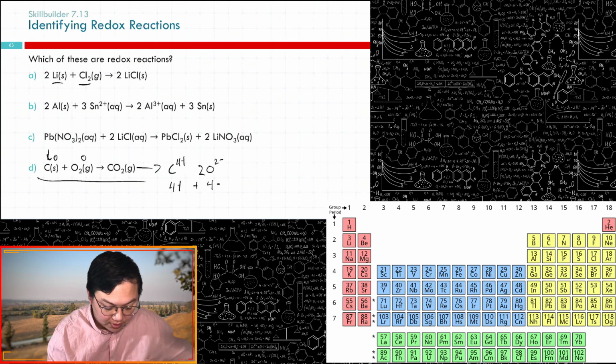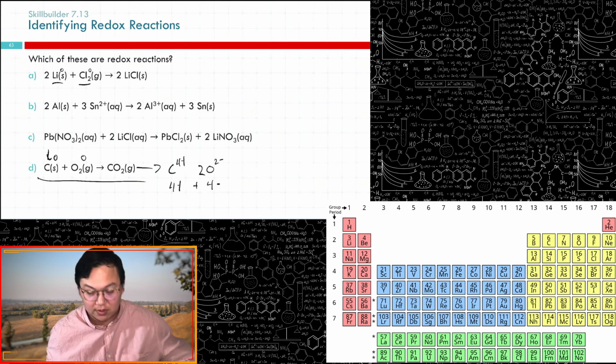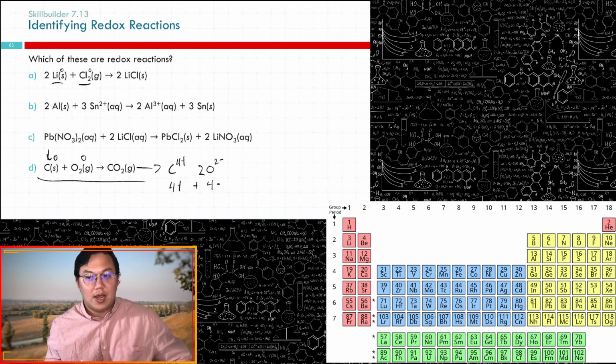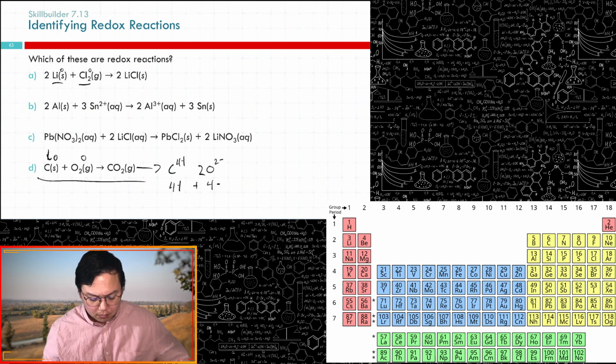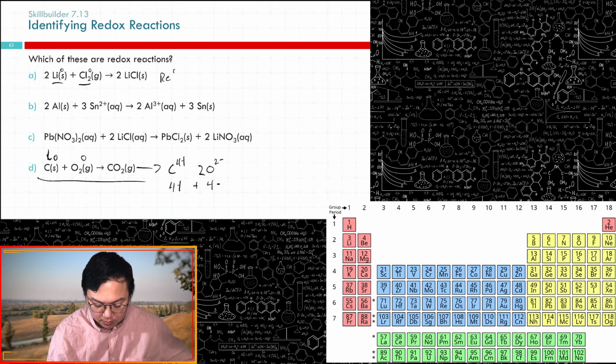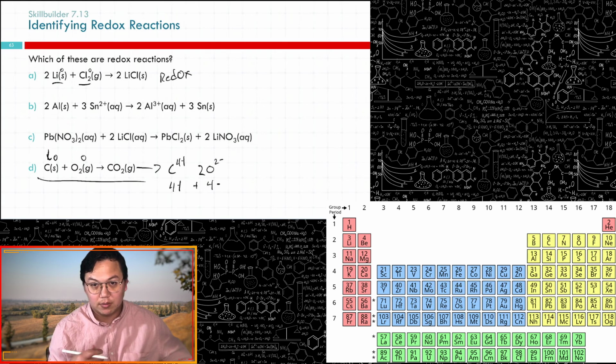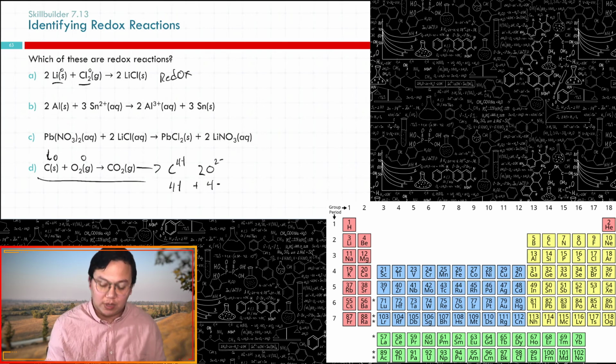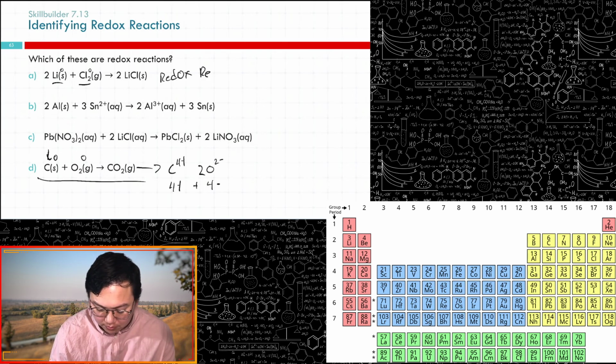And both of these have 0 charge, because it's a molecular equation. So a nonmetal with a metal. That's an oxidation, or redox. We use redox as a combination of oxidation and reduction. So those are redox reactions.